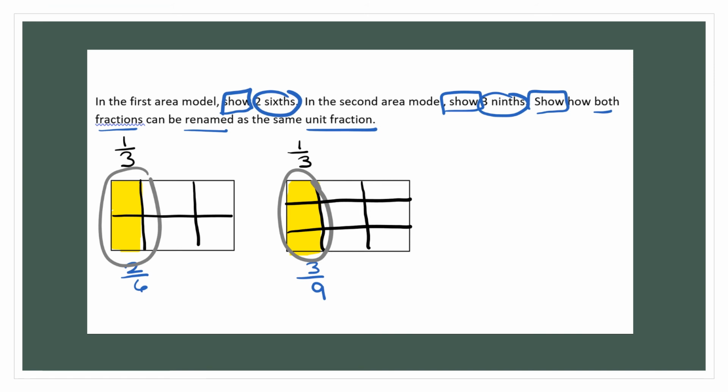So we were able to find the same unit fraction. Off to the side, we can tell our reader or whoever's looking at this problem that 2/6 equals 1/3 and that 3/9 equals 1/3.